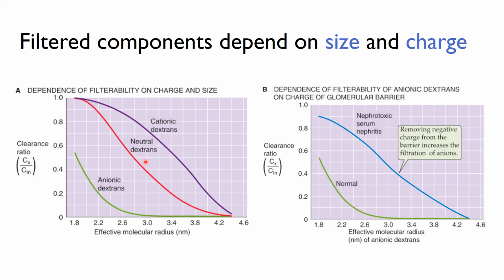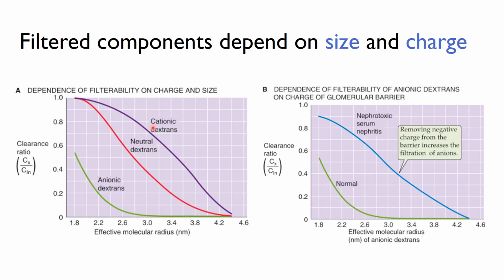Interestingly, if you throw a net positive, or cationic, charge onto that molecule, you're actually going to enhance the filterability, even at the same size. At 3 nanometers, its filterability is kind of low, but if you throw a net positive charge on it, its filterability goes up.